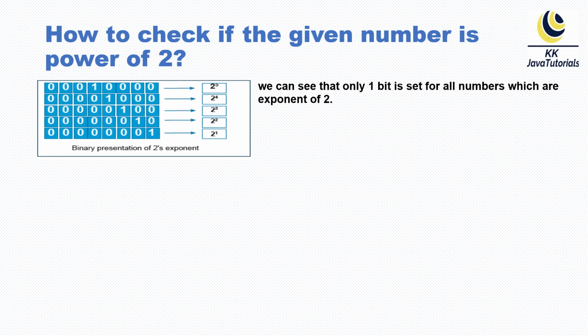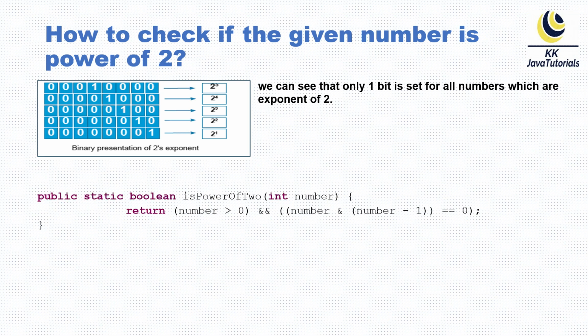Based on this concept, how can you write a method which will tell you whether a given number is a power of 2 or not? This is a very simple method. You pass your input number, and first of all check whether the number is greater than 0 or not.